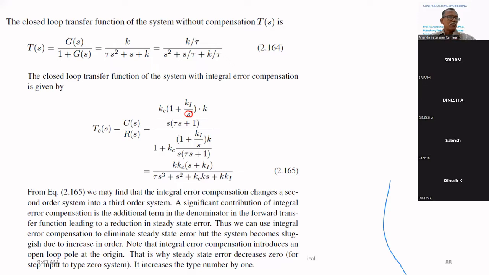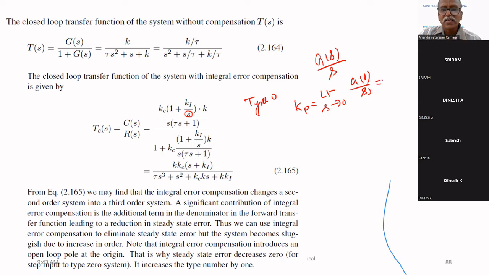So, two points are there. If it is a type 0 system, because of the introduction of this S, steady state error will be removed, because G of S becomes G of S upon S. Therefore, a type 0 system becomes a type 1 system because of this 1 by S. Kp equals limit S tends to 0 of G of S upon S. It is a type 0 system, so you will get K by 0, that is equal to infinity.